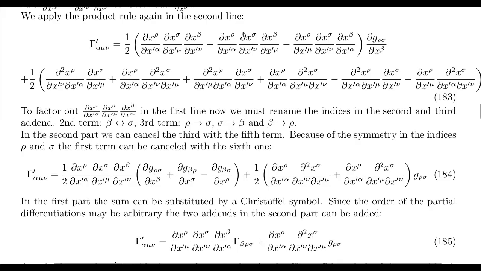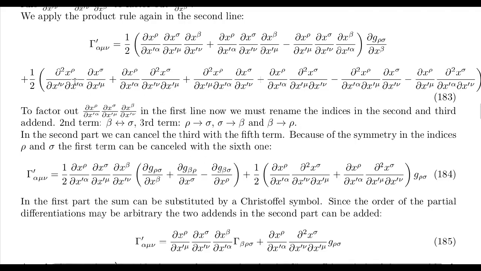And sigma are here covariant and here contravariant. So we exchange these 2 indices. In the third term we rename rho by sigma, sigma by beta, and beta by rho. And so we have 3 times the same term, and so we can factor out the 3 differential quotients. Okay, we have changed the indices. That means we have now different indices here in the G tensors.